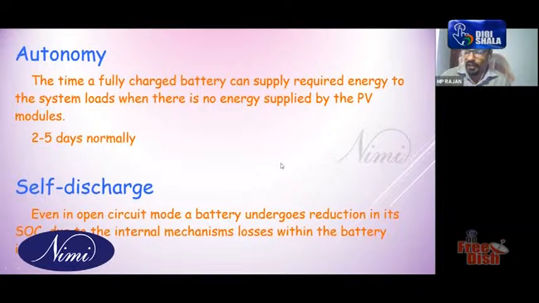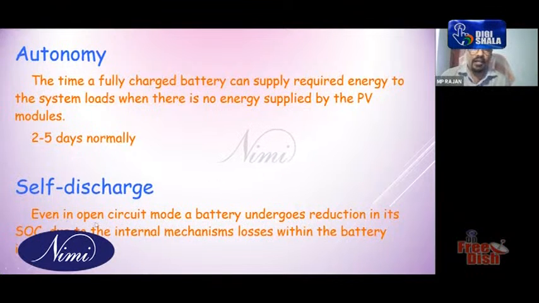Even if it is not connected to the load, if you keep the battery idle, it discharges because of the decomposition of electrolyte inside the battery. So electron flow and ionic flow also will be there, and your battery is getting a small amount of discharge.